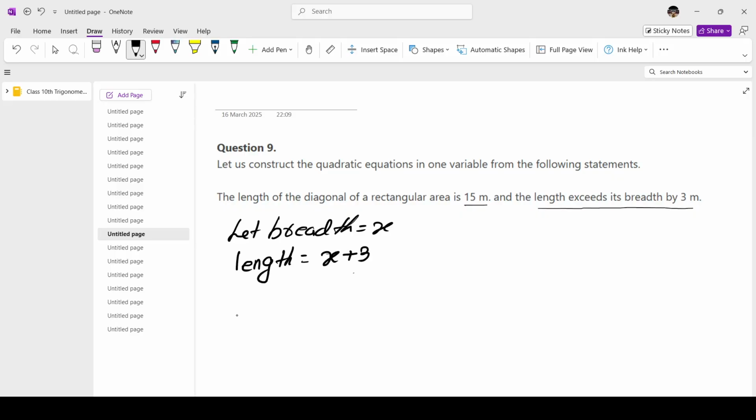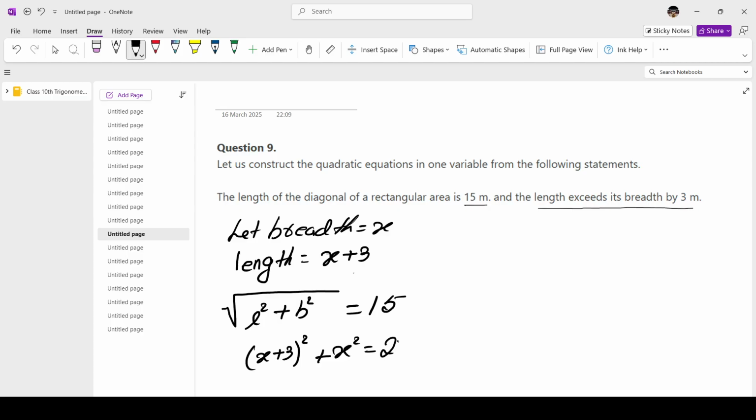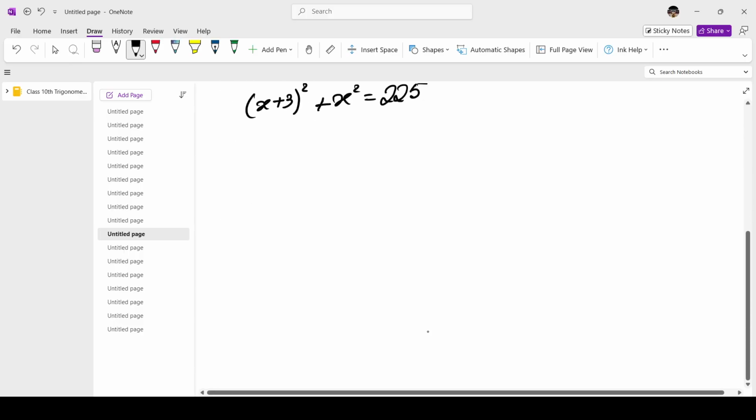And we know the formula of diagonal is nothing but the square root of l square plus b square, that is given equation nothing 15. Squaring both sides we will get it.